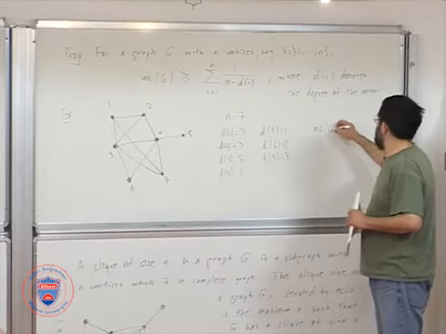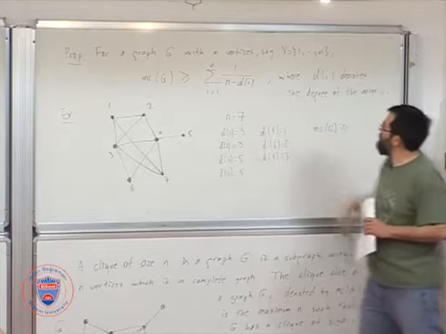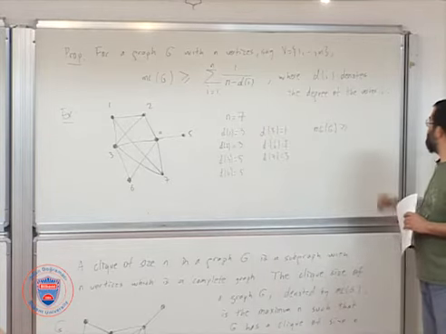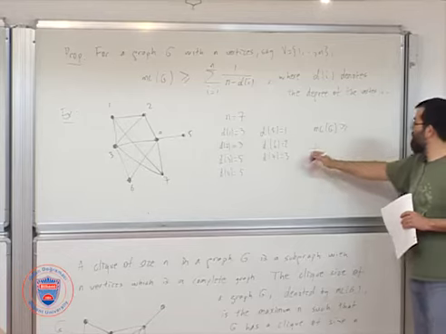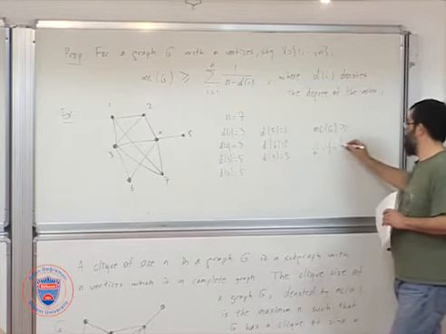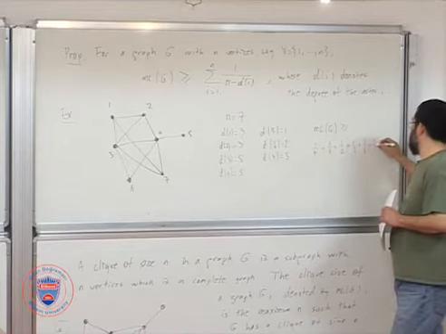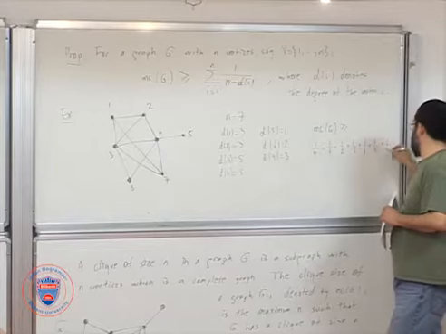So MC of G will be bigger than or equal to the sum of 1 over (n minus degree). So you'll be looking at 1 over 4 and 1 over 4, 1 over 2, 1 over 2, 1 over 6, 1 over 5, 1 over 4.